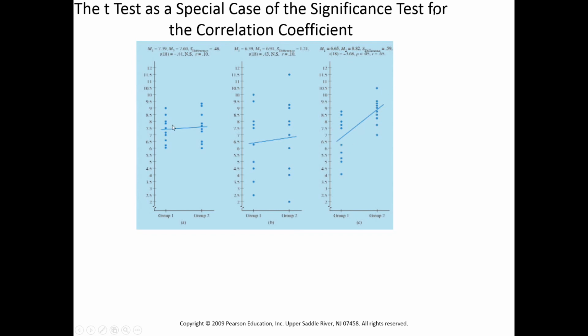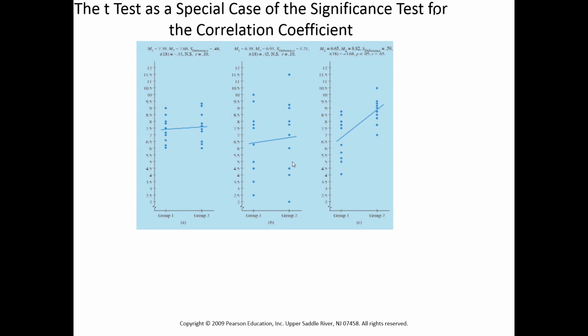what is the significance that those distributions are different, and it will be the same as the significance of the correlation coefficient. So here is another example: if you see here that the data from those two groups highly overlap, then even though the correlation coefficient seems to be positive, the p-value probably will not be significant, and it will be the same as what you would calculate if there is a significant difference between those two groups using a t-test.